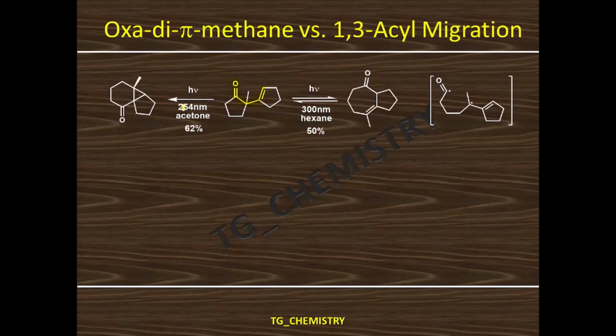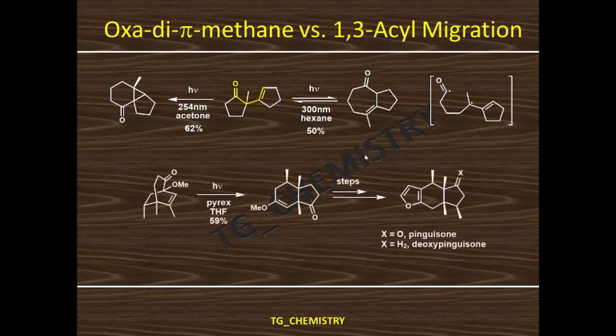However, in the presence of acetone sensitizer with irradiation of 254 nanometers, which has been optimized, that will lead to the di-pi-methane rearrangement and formation of the cyclopropane ring structure. So these are competing factors, and depending upon the solvent, the sensitizer and also the wavelength of the irradiation, different products can be formed accordingly.